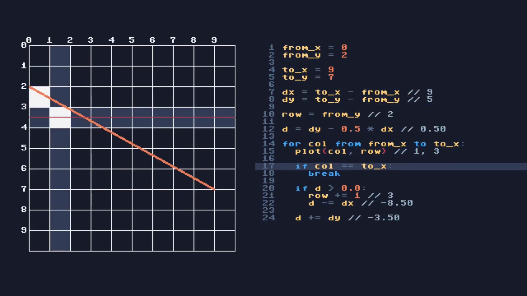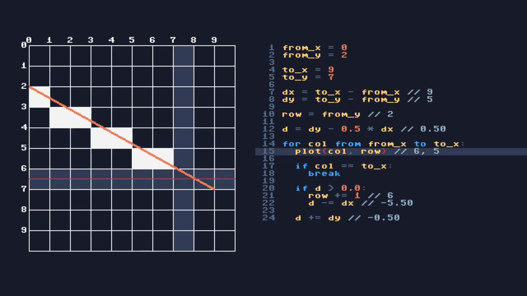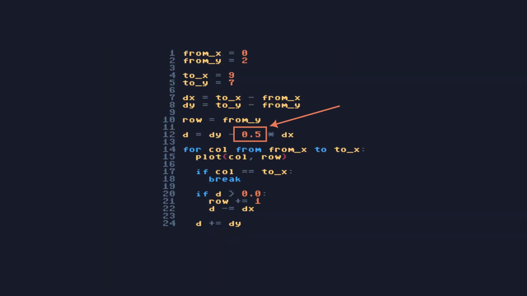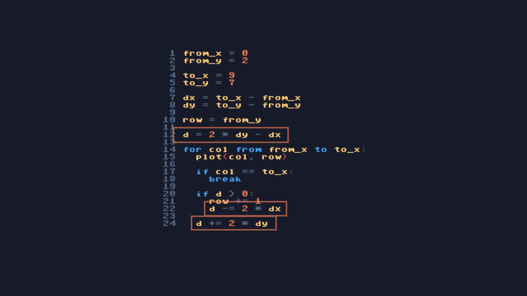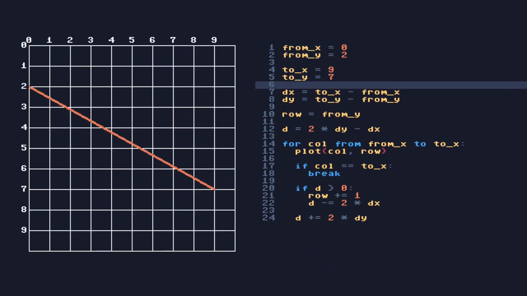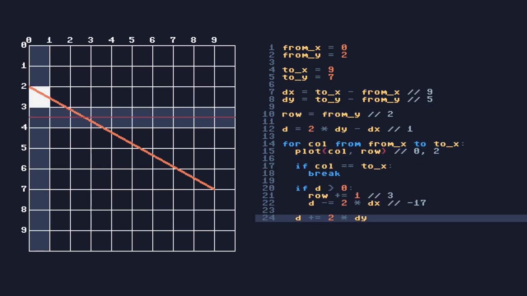This changes the decision factor value, but not its sign, which is the only thing that matters for our decision making. We still have a fraction in our midpoint calculation, but we can eliminate it by scaling everything by 2. The sign remains unchanged, but now we avoid floating point operations entirely.